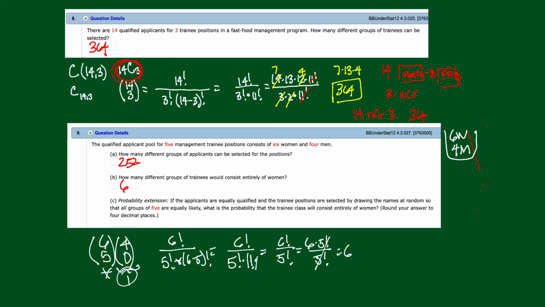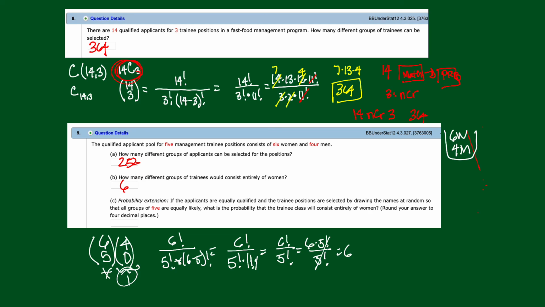Now, part C says, if the applicants are equally qualified and drawing at random, everything's equally likely. What is the probability that the trainee class will consist entirely of women? Well, there's 6 ways you can do that, and there's 252 ways to get the groups.